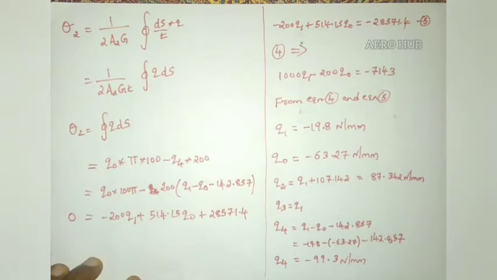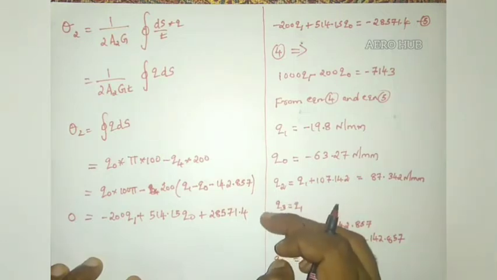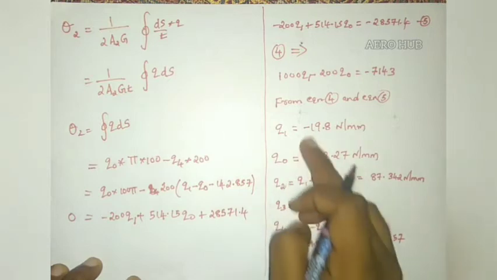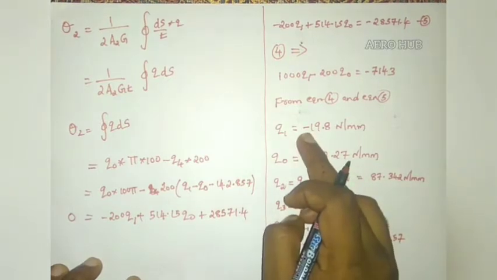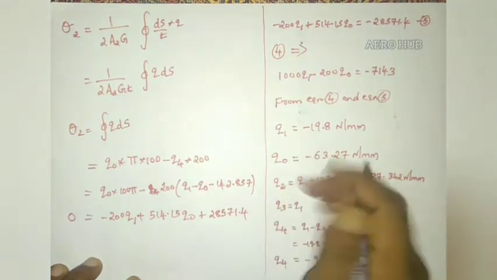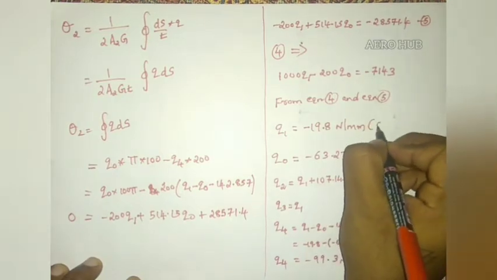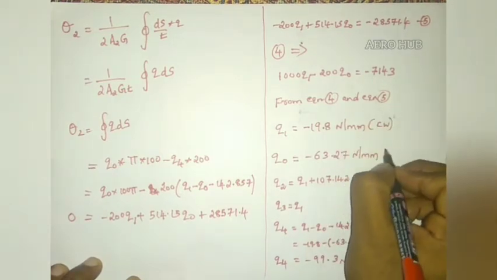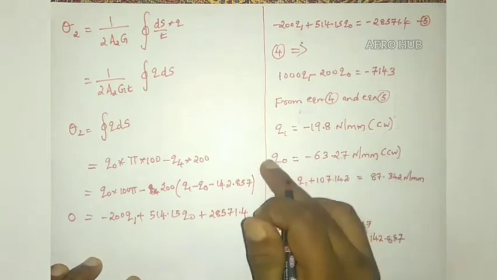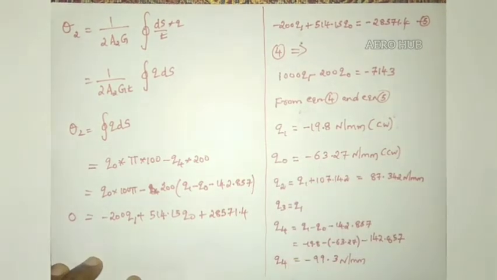Okay, now we have to plot the values of shear flow. Q1 is negative. Whatever the value we are getting negative, it will be in clockwise direction. Q1 is clockwise, Q0 is clockwise, and Q2 is counterclockwise, and the value of Q4 will be clockwise.